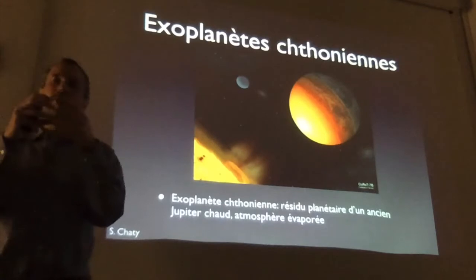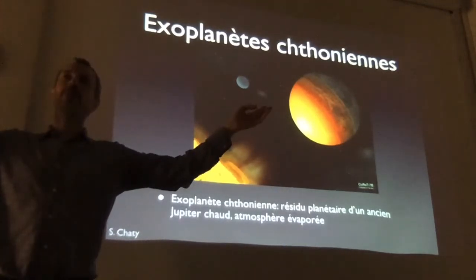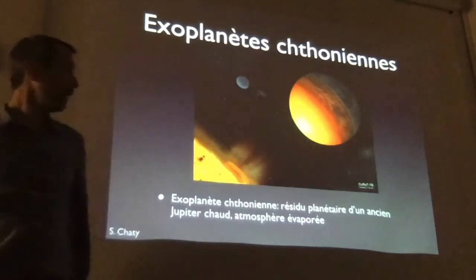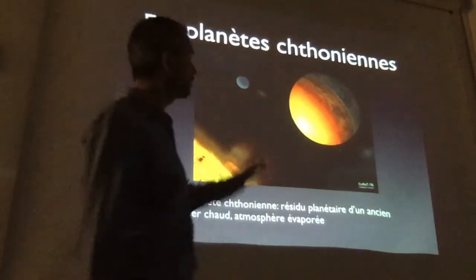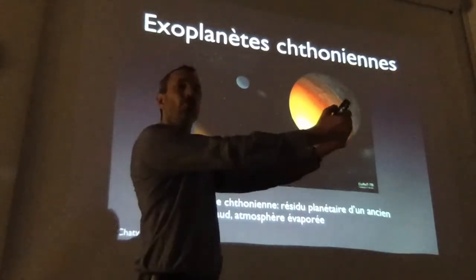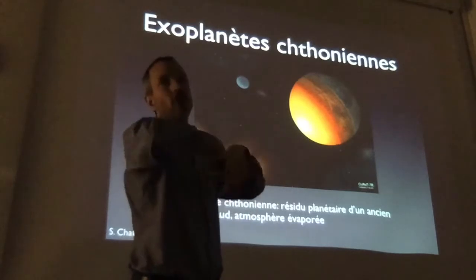A Chthonian exoplanet is exactly what I said earlier. You take Jupiter and you take away all the envelope, so 90% of the matter of Jupiter, and you just have the core. So it's a very compressed core, where you get rid of the atmosphere, just because you took the planet very close to the star. You make a lot of evaporation, and then all the envelope goes away.